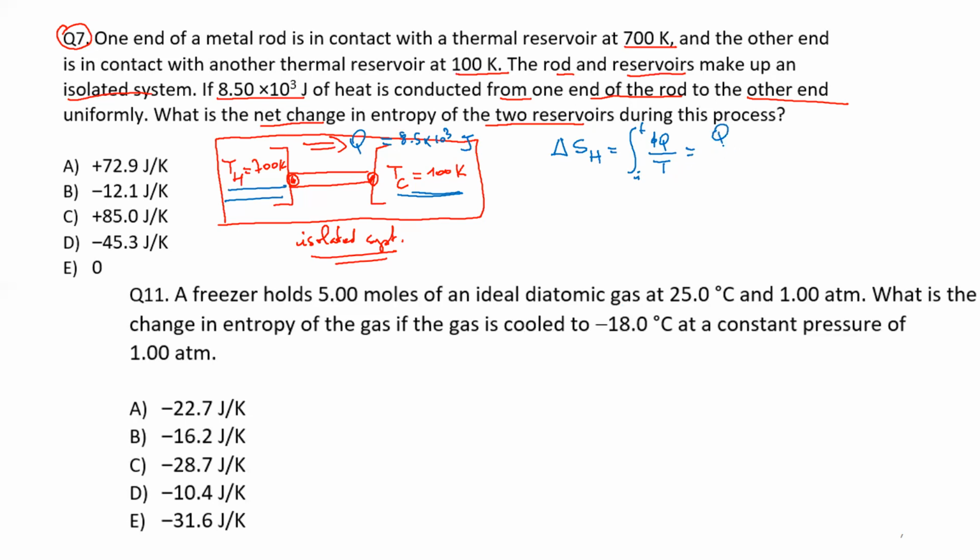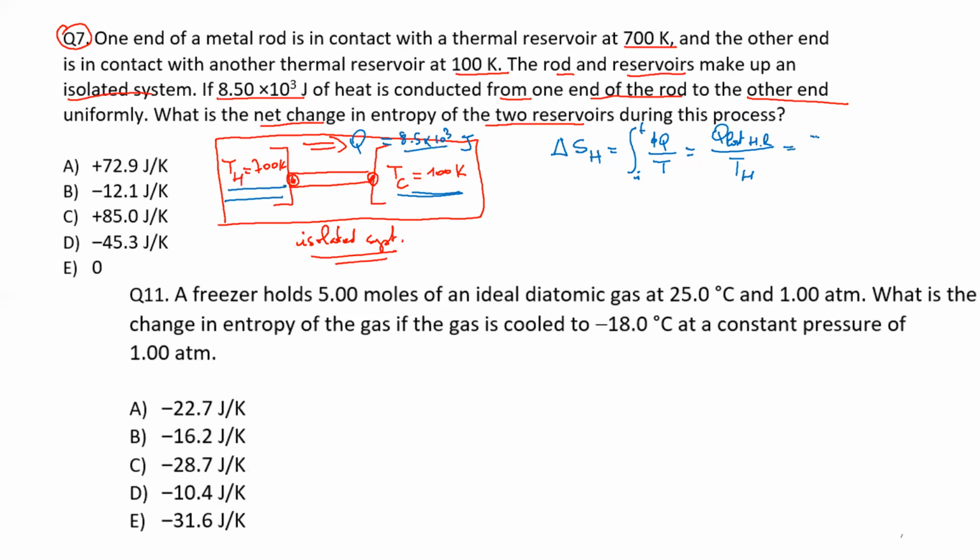So it will be the Q released or lost by the hot reservoir divided by T hot, because this T is constant, it's a reservoir. So I put it out and this integral will be just the Q lost by the hot reservoir.